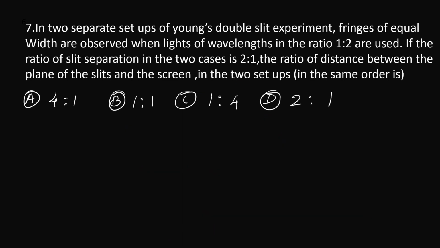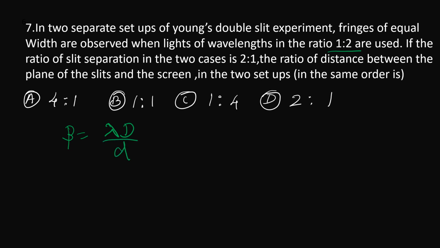In two separate setups of Young's double slit experiment, fringes of equal width are observed when lights of wavelength in the ratio 1:2 are used. If the ratio of slit separation in two cases is 2:1, the ratio of distance between the planes of the slits and the screen in the two setups is. Options are given. We know that fringe width beta equal to lambda D by d.